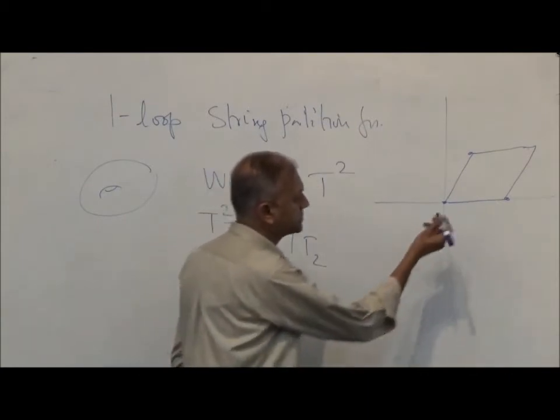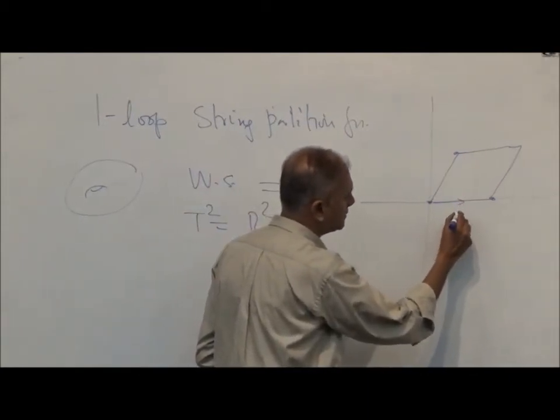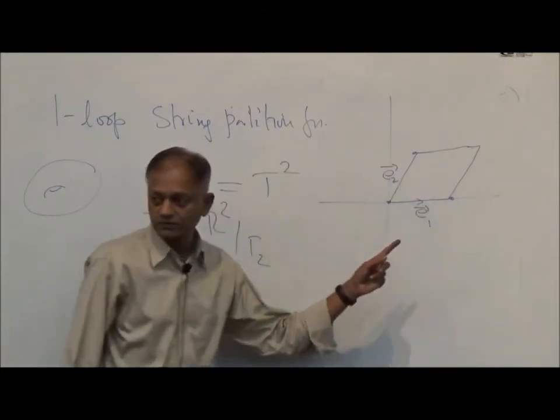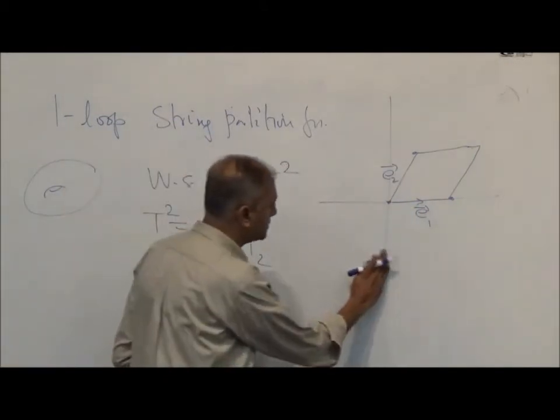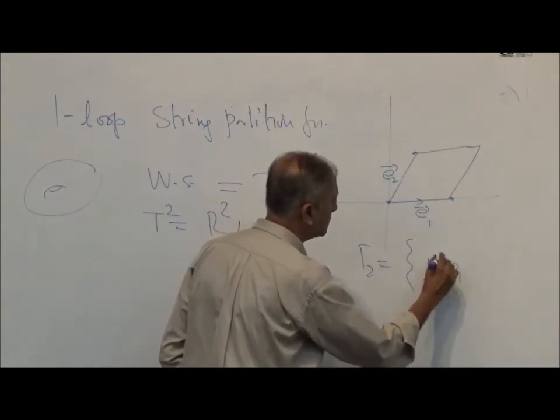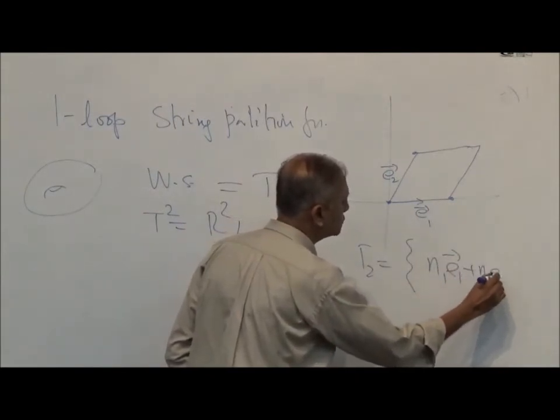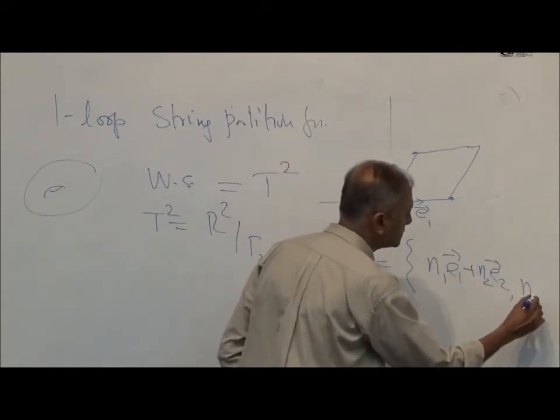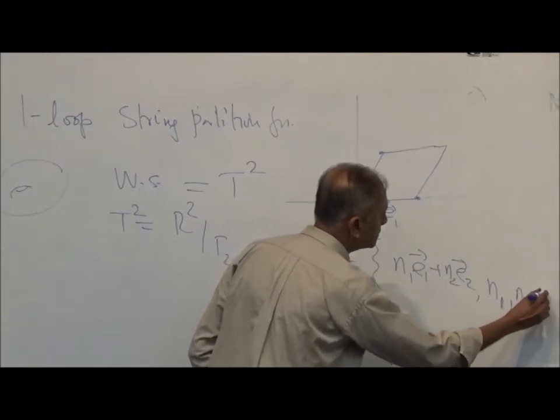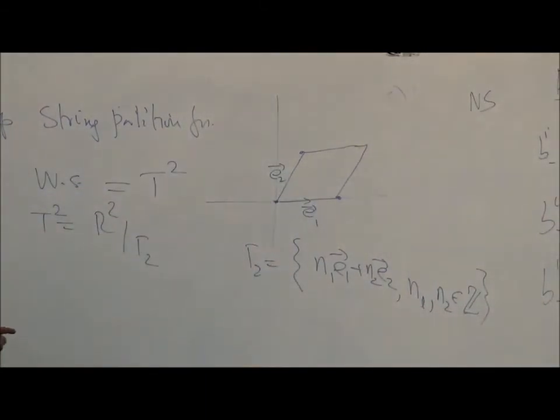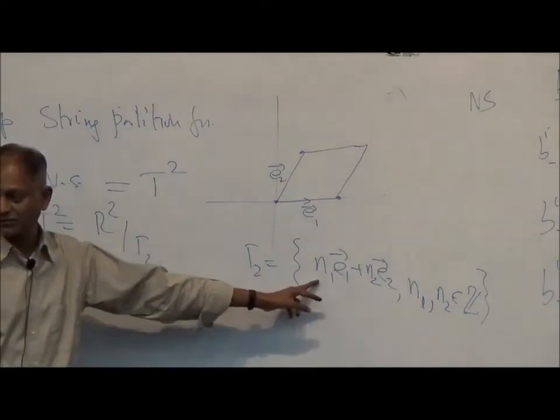So this is a picture where I've chosen basis vectors of the lattice, E1 and E2. Then the lattice, gamma 2, will be the set of all n1 E1 plus n2 E2, for n1 and n2 integers. This defines a lattice, right?